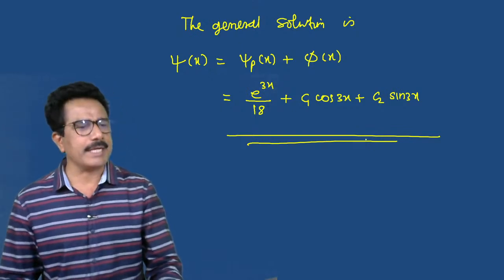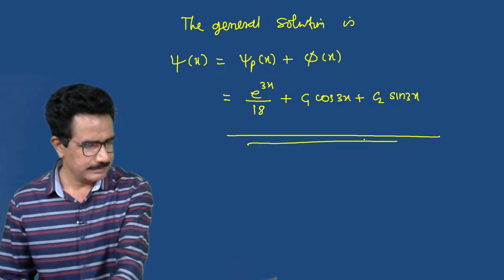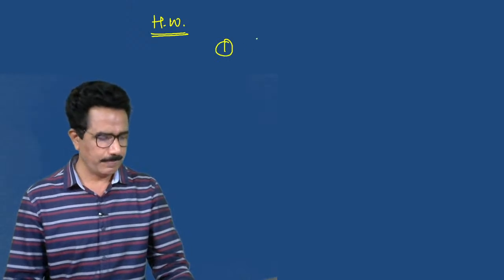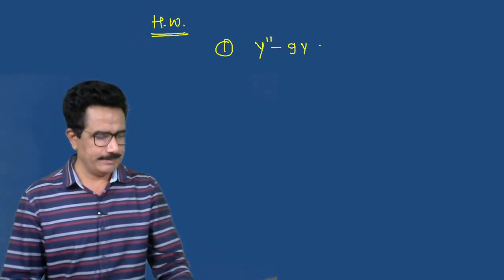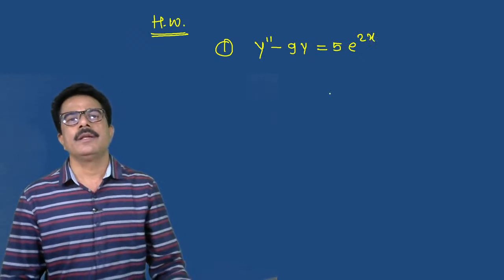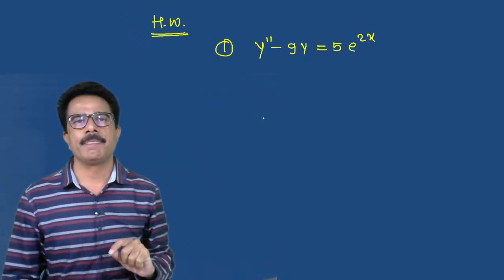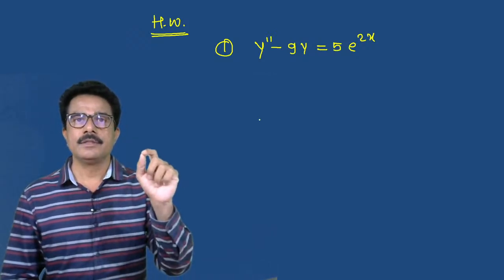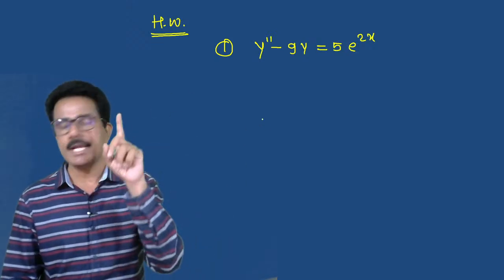And now you have to do homework. I will tell you the homework, write it down, everyone has to do it. Okay, homework. First, y double dash minus 9y is equal to 5 e raised to 2x. You have to solve this non-homogeneous differential equation, but for finding the particular function, psi p, you have to use the annihilator method.